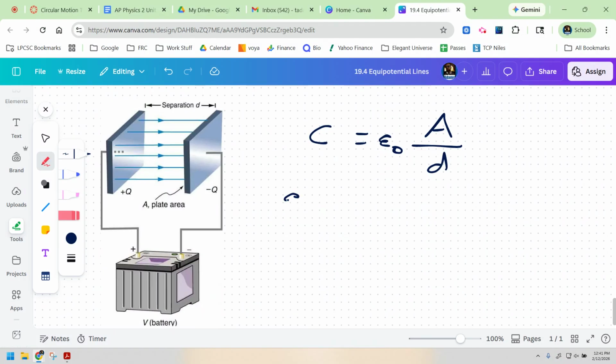And so epsilon naught is our permittivity of free space, right?